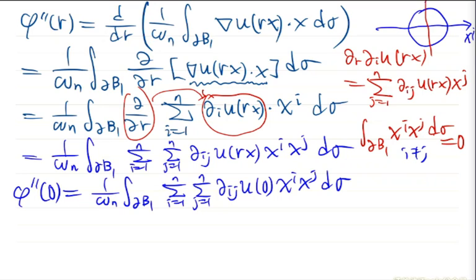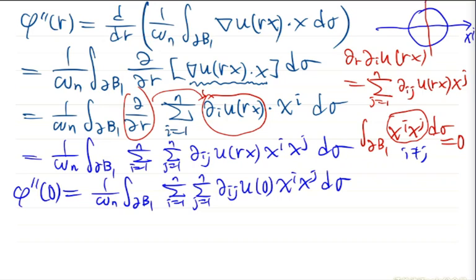That is the red segment representing x_i equal to 0. The horizontal axis represents the x_i axis. And the function is odd with respect to x_i. An odd function integrating over a symmetric surface, the result is 0.